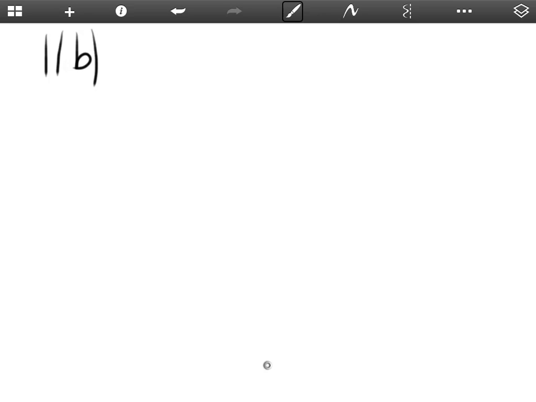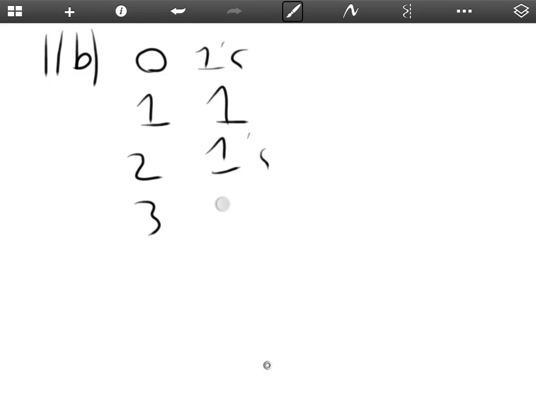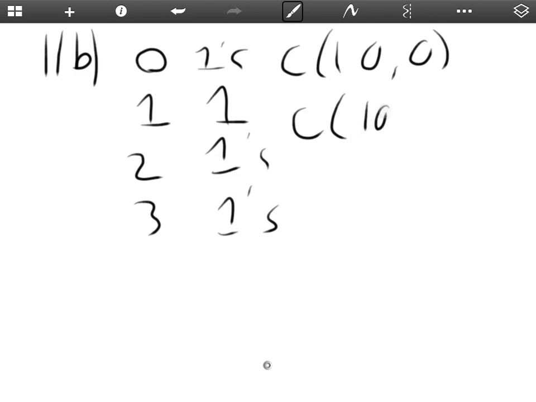How many bit strings of length 10 contain at most 4 ones? So we're looking at the bit strings that contain 0 ones, 1 one, 2 ones, and 3 ones, right? And so we want to take C of 10 0, C of 10 1, C of 10 2, and C of 10 3.